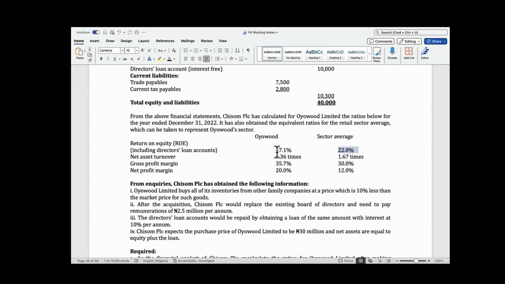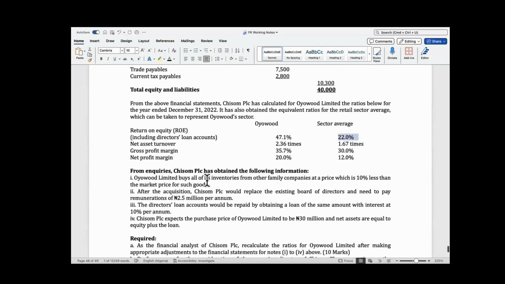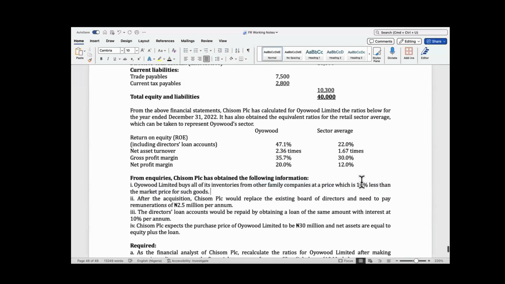It's not comparable to industry because from this information I have here, Oyo Wood is able to get items cheaper than other companies in the market because it can buy from other family companies at a price which is 10% less. So what we can do is to increase its cost of sales by 10%.